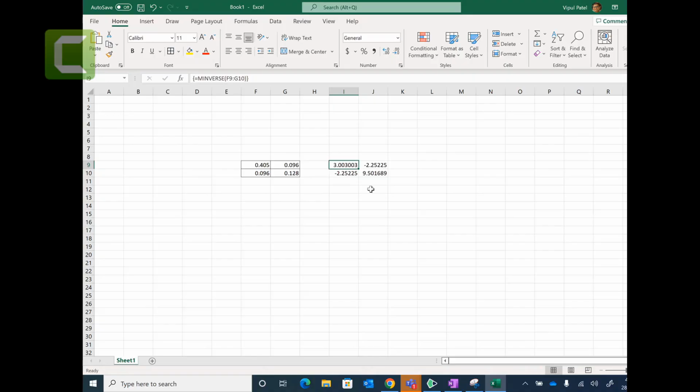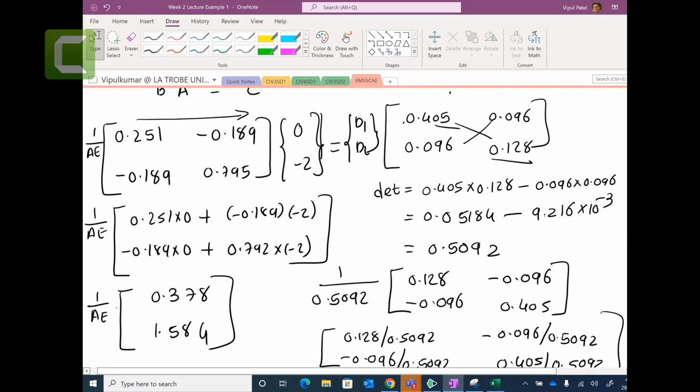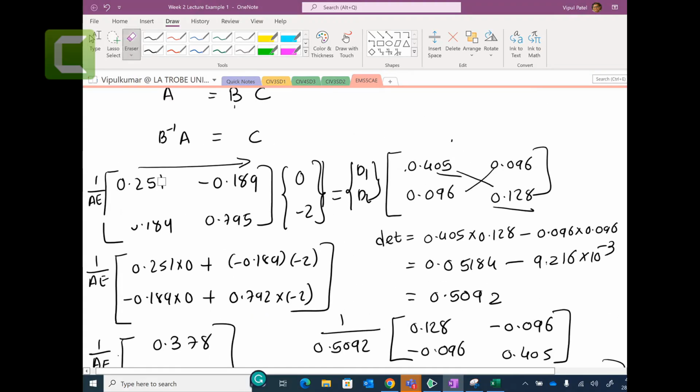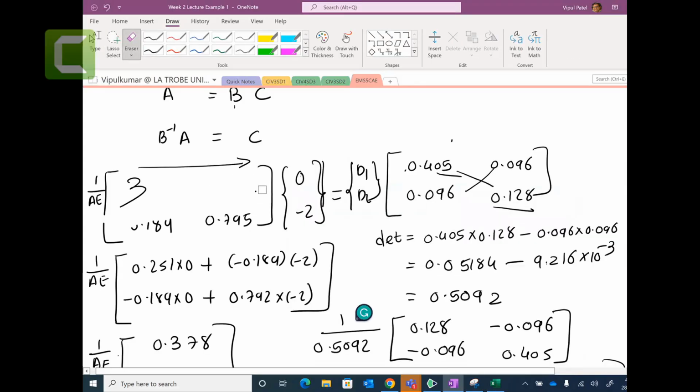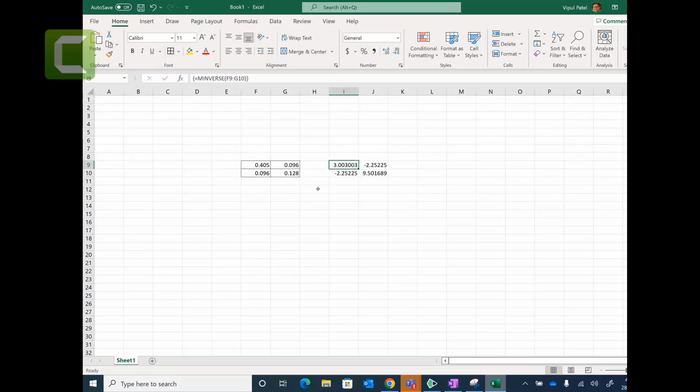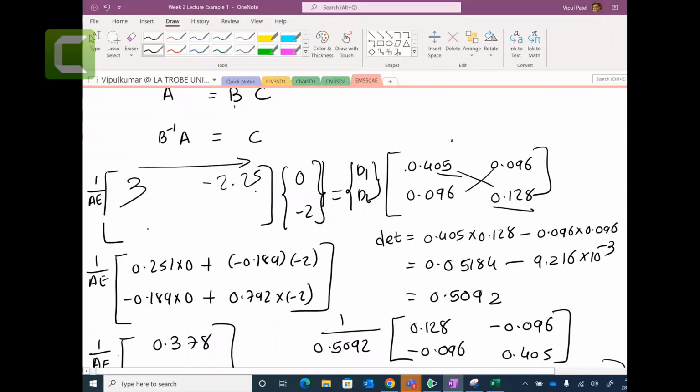So I think this is the correct answer. 3 minus 2.25. So let me fix it. I think something is wrong here. I will fix it later. So here we got 3, minus 2.25, minus 2.25, and 9.5.